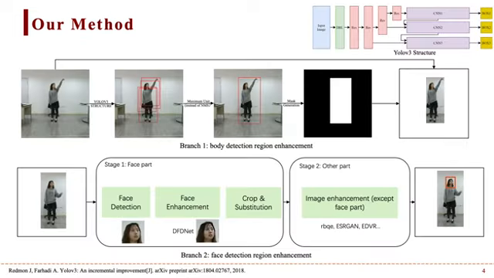Here are the details of our method. For branch 1, the body detection region enhancement, we first get an input image and then we do the Euler structure, and then we do some checks here.